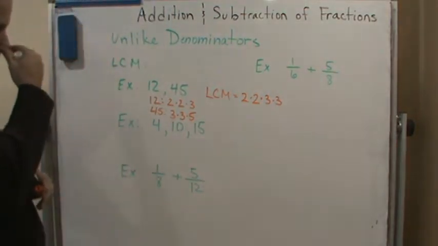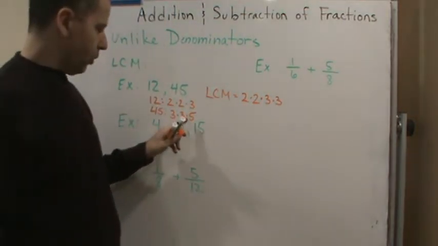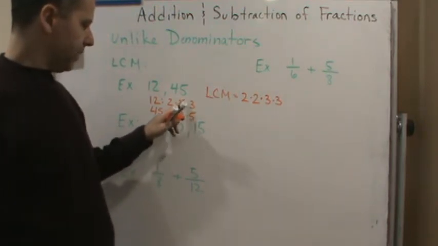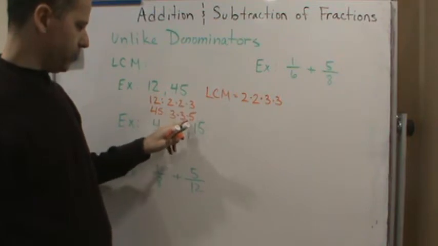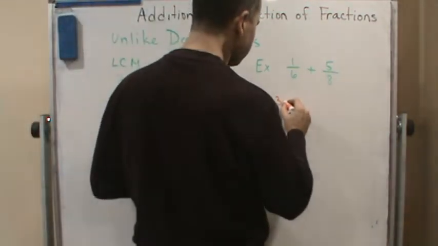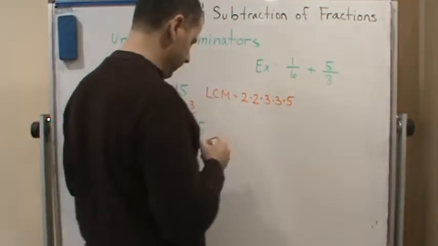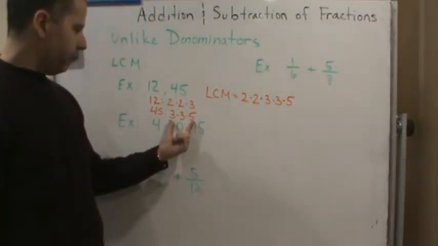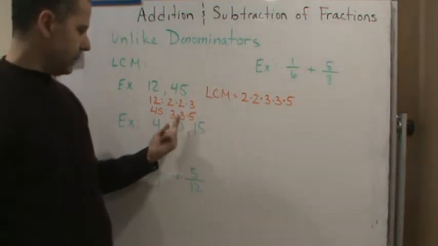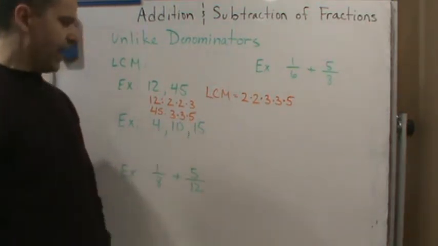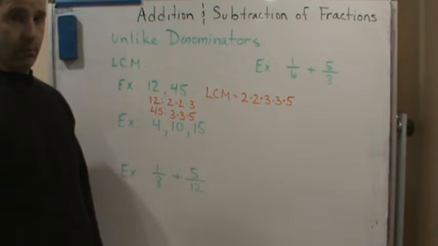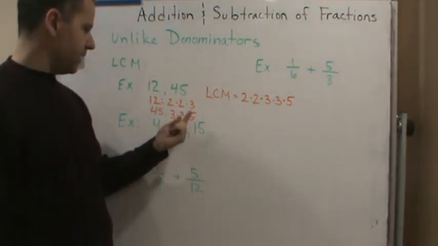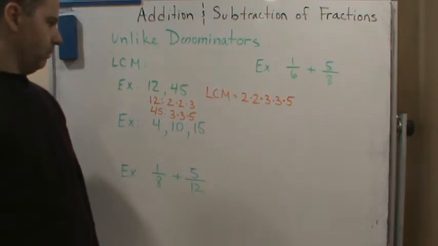And then I'm going to take the 5, because the 5 doesn't show up here, but it shows up here. Now, why does this work? It works because any multiple of 45 is going to have all 3 of these factors in there, and any multiple of 12 is going to have all of these factors in there.